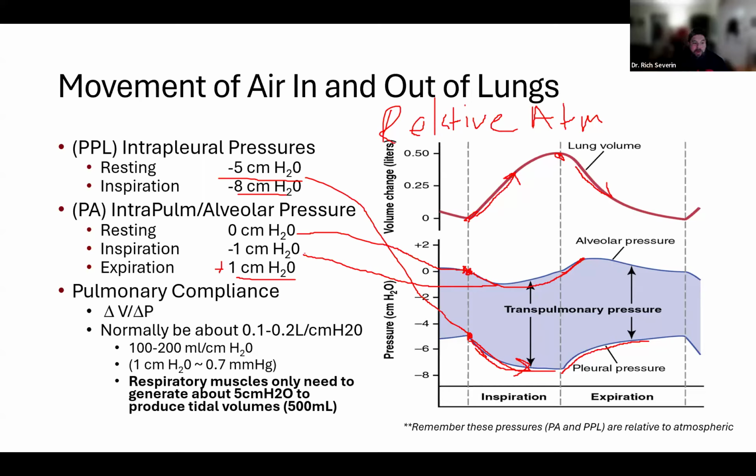Now, it's also important to note the energy or pressure demands are pretty low. Under normal compliance, healthy lungs, and normal elastic recoil forces, we're only having to generate about 5 centimeters of water to bring in a normal tidal volume, which is about 500 milliliters for each person.